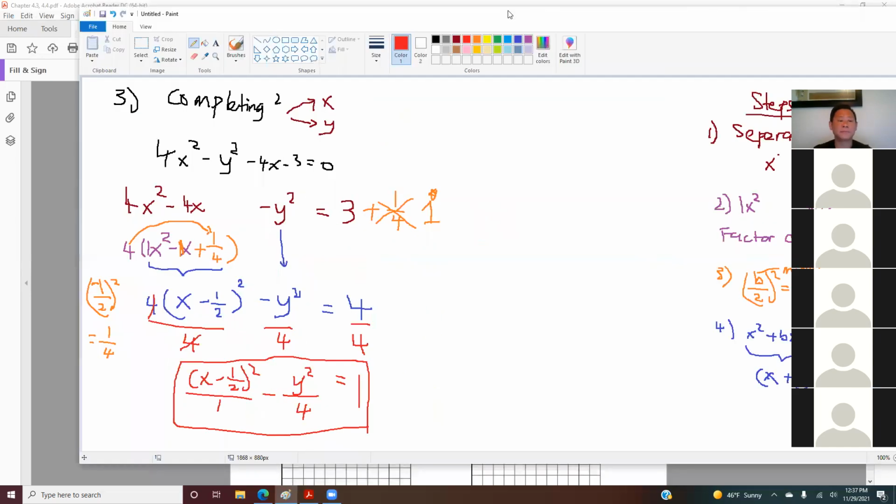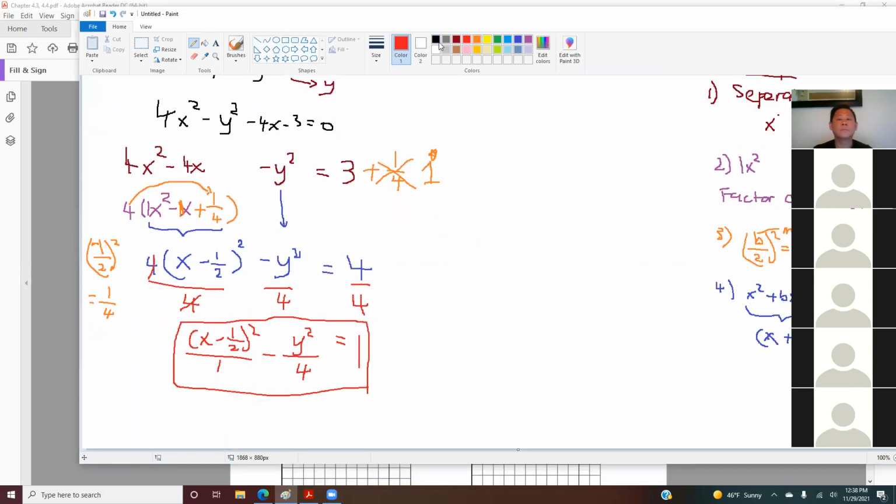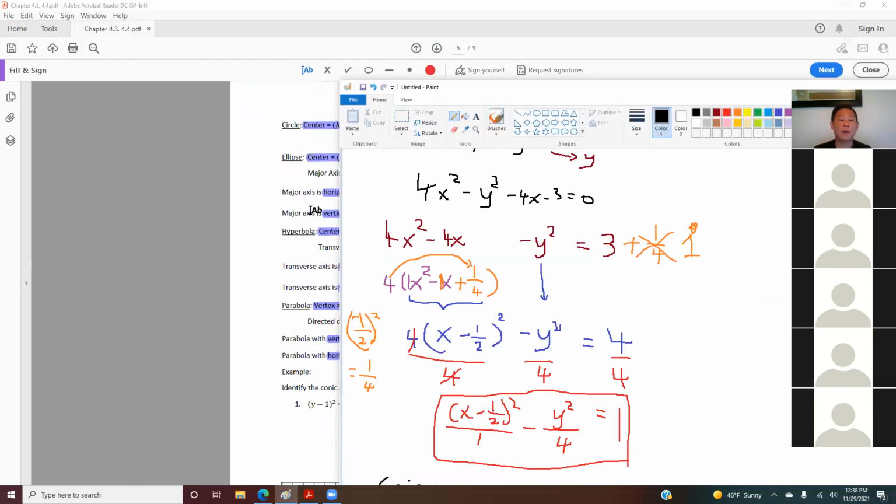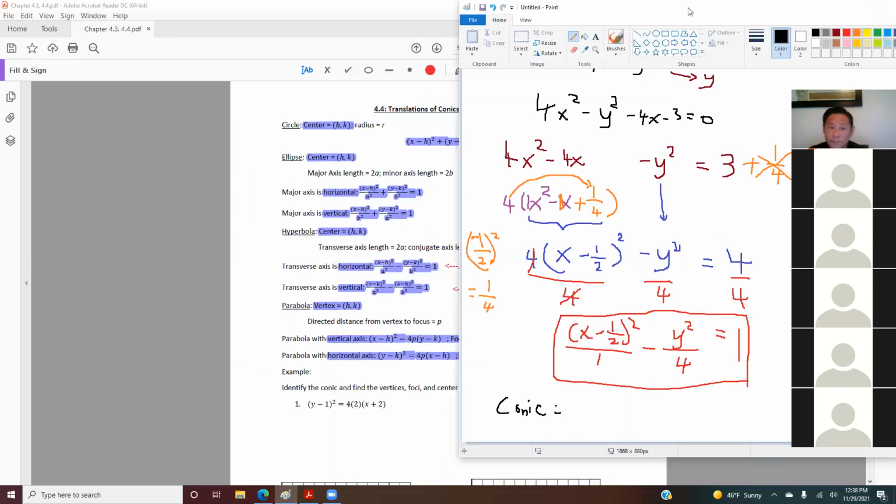Questions with this one? So my question next is, what kind of conic section is this? Is this a parabola, hyperbola, ellipse, or a circle? Anyone? A hyperbola. Now, in your test, if you just tell me hyperbola, you won't get a full point, because ellipse, hyperbola, and parabola have 2 types.